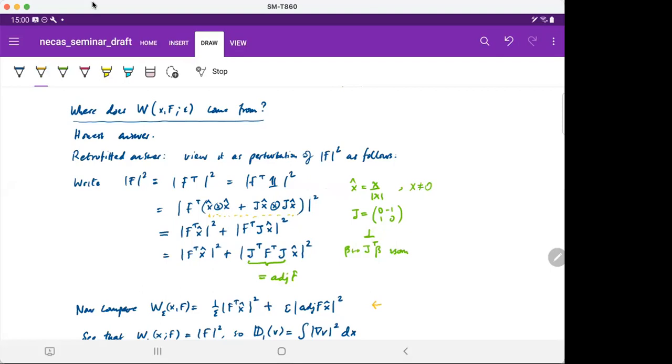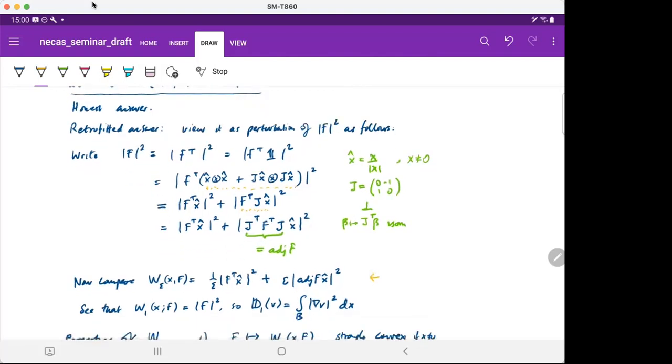And then you just expand, and you use the fact that if you look at this term here with F transpose J in it, you can pre-multiply by J, that's because J is an isometry, and you can create the term, the adjugate of F, which is the cofactor transposed. And so that is how you can arrive at a particular representation at this stage of mod F squared.